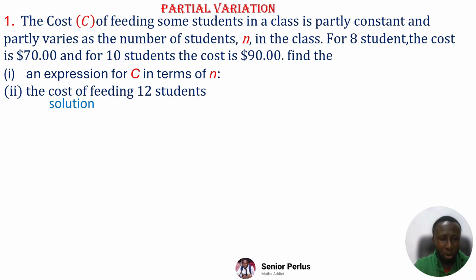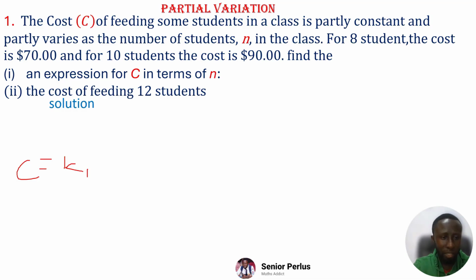So our cost, C, that's the cost of feeding some students in the class, is partly constant. We talk about constant. So C equals what? K1. Okay. And partly varies as the number of students.